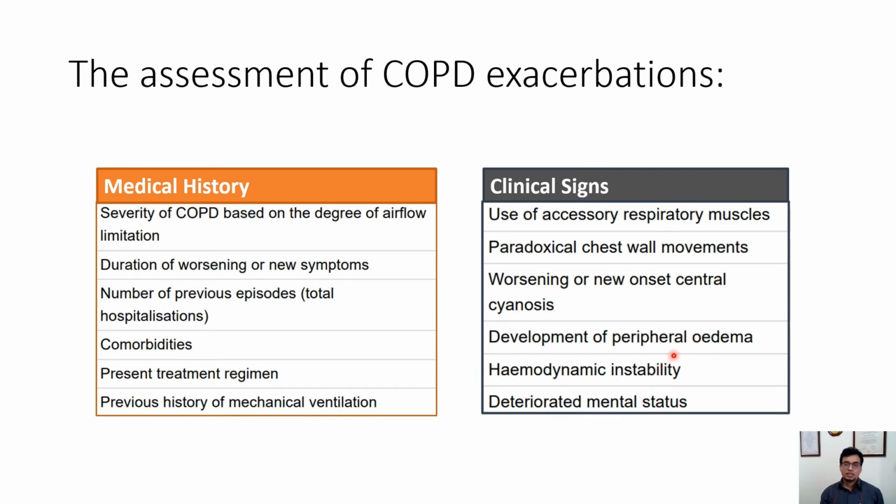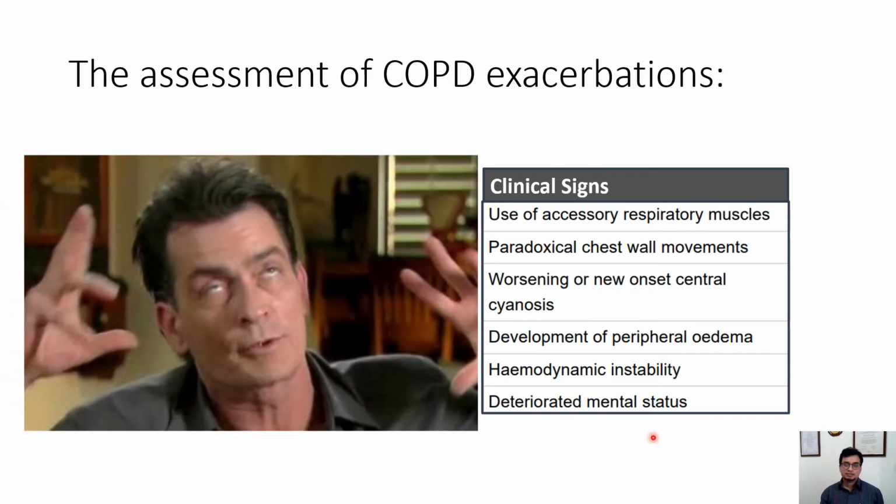You can also look at the blood pressure. If there is a drop in the blood pressure, or the patient has right ventricular failure that is leading to a shock state, it means that the COPD is quite severe. And ultimately, if the mental status of the patient is altered or the patient is drowsy, that means the patient is developing CO2 narcosis due to ineffective alveolar ventilation.